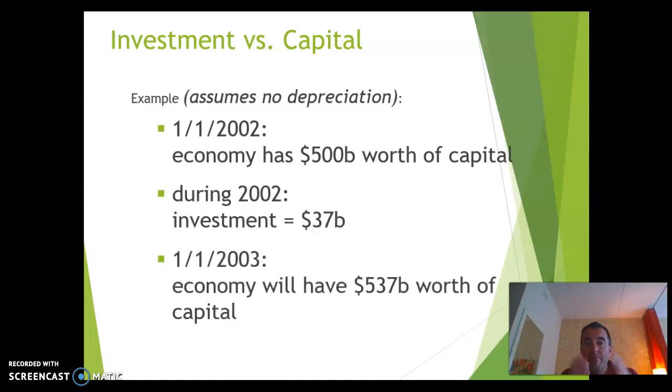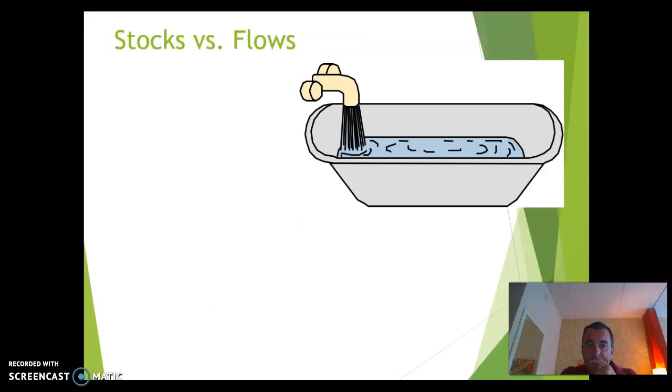So just an example, economy has 500 billion worth of capital, investment of 37 billion, so they have 500 billion already, they invest another 37 billion, they're going to have 537 billion worth of capital. That's how we calculate this in terms of the capital, in terms of investment.